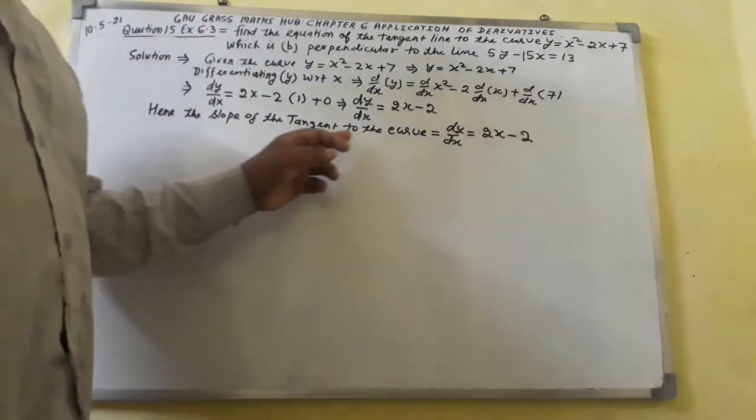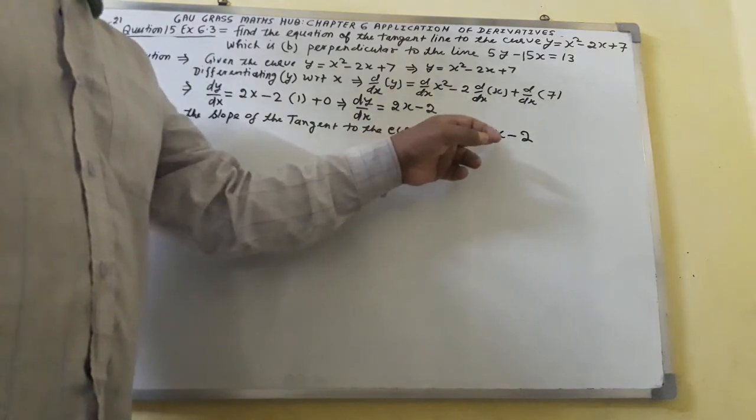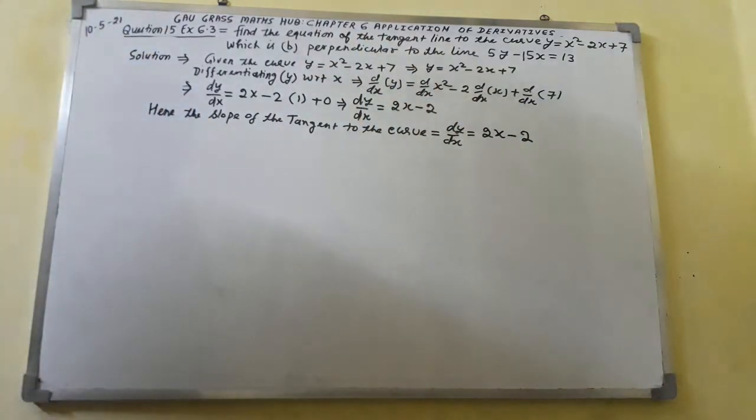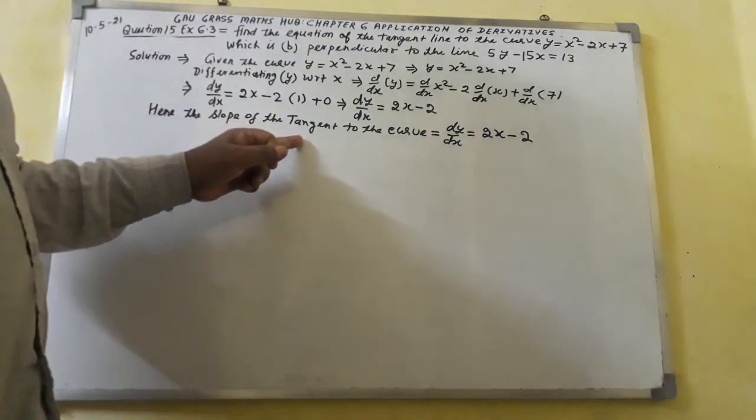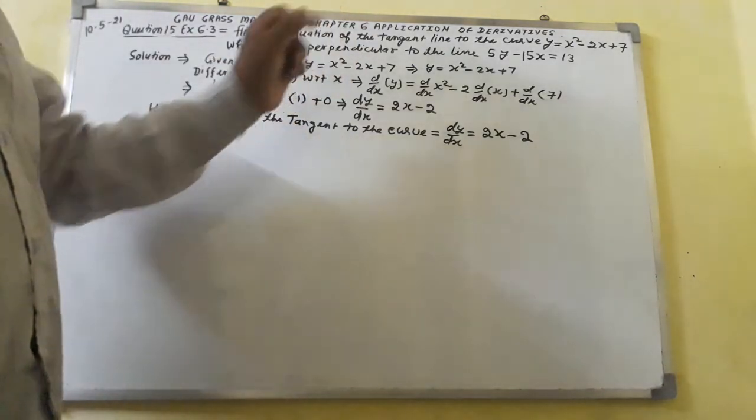The slope of the tangent to the curve equal to dy over dx equal to 2x minus 2. This thing we have got. This tangent is perpendicular to the line.